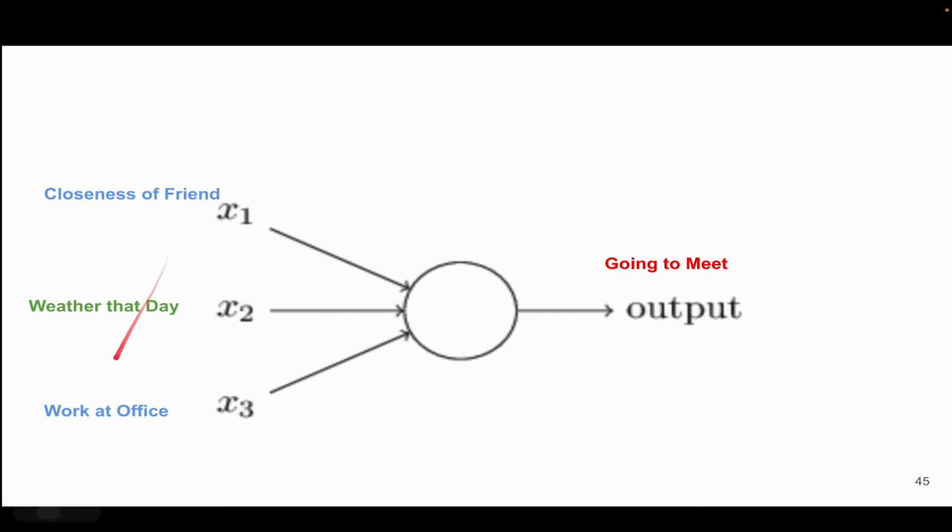Again, these factors are dependent on each other in some way. Let's suppose the work is too much at office, and whatever the closeness of the friend is, you will not go to meet that friend. And if the friend is very close to you, if he came from a foreign country or from a very far place just to meet you, it's fine if the weather is rainy or anything.